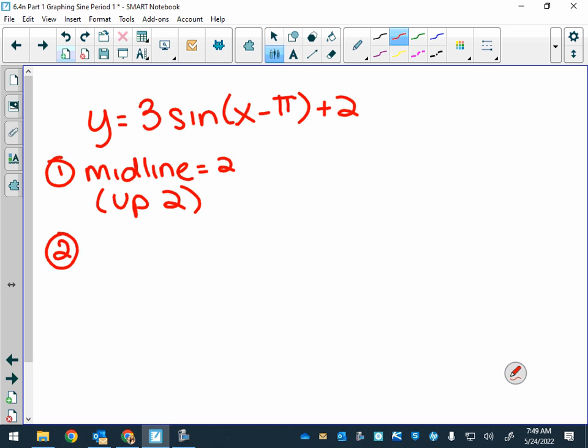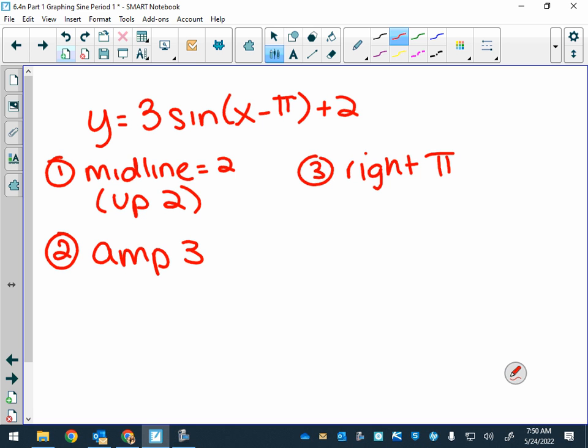Someone else. What else is happening? Go ahead, Porter. Amplitude of 3, which is our vertical stretch. Now, what would this mean? Yeah, Kennedy. We are going to the right pi units. Okay? So this is still the same. Inside parentheses.